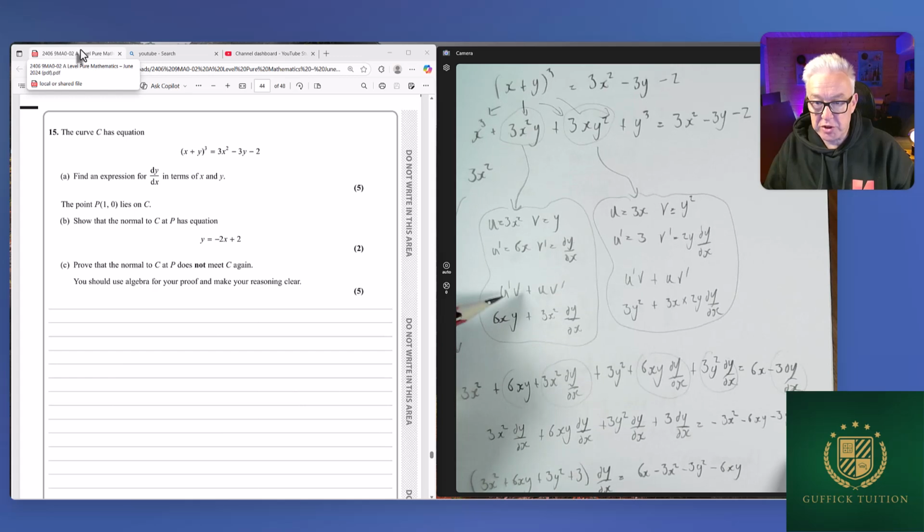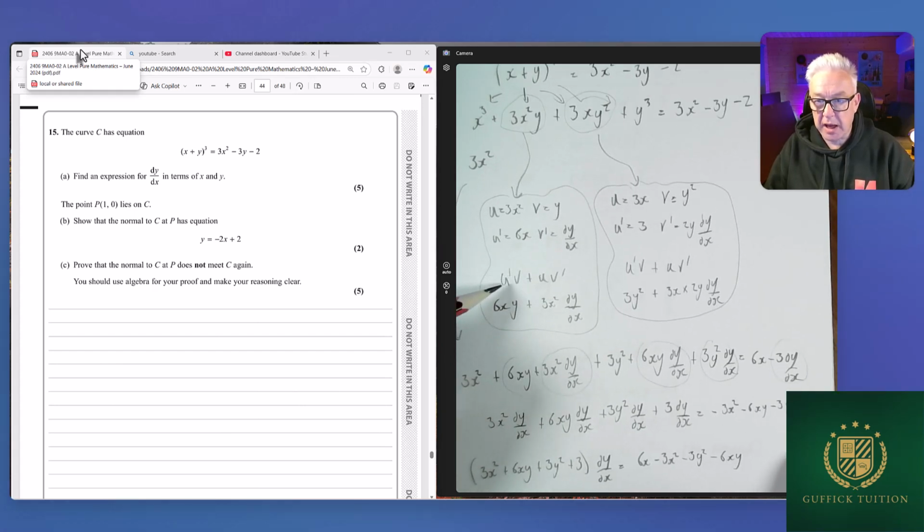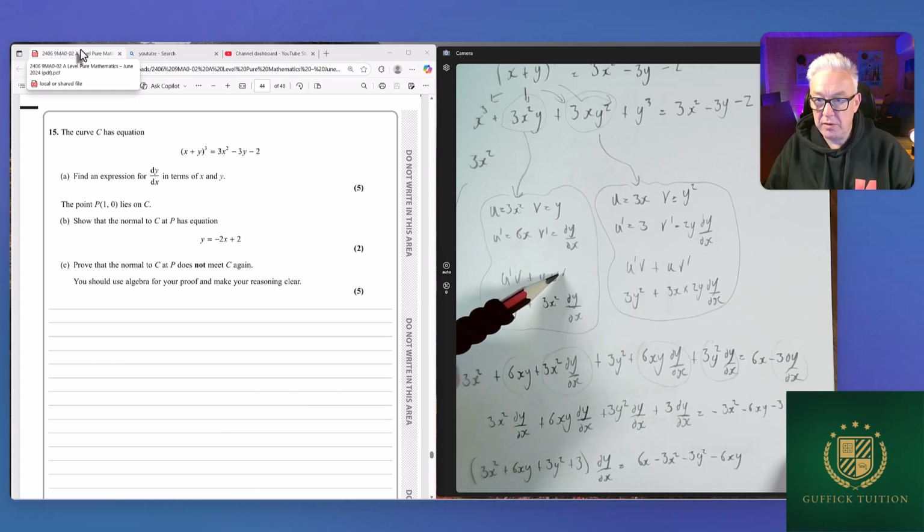My product rule, which I always remember backwards for some reason, is u dash v add u v dashed, but it doesn't matter that I remember it back to front because it's an add. So it's still okay. So u dash v is 6xy, plus u v dashed, 3x squared times dy by dx. So we end up with 3x squared dy by dx.